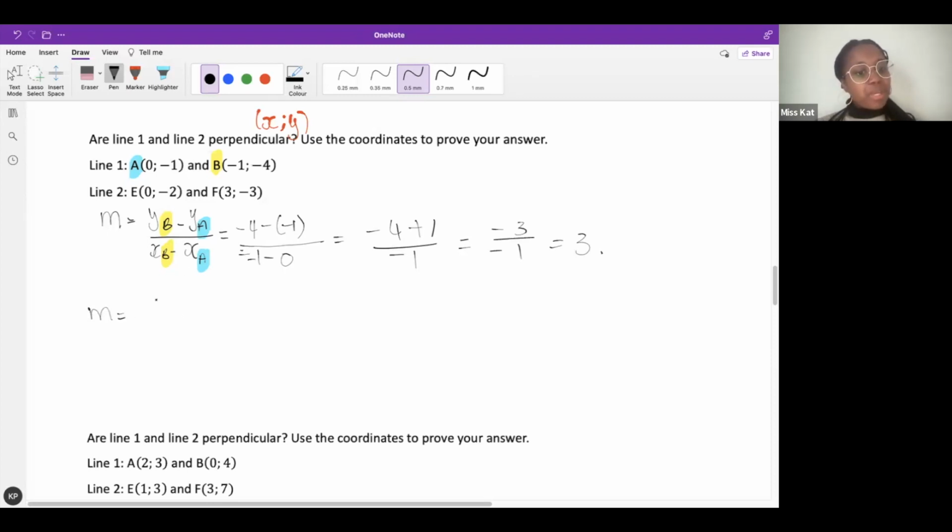M is equal to YF minus YE over XF minus XE.